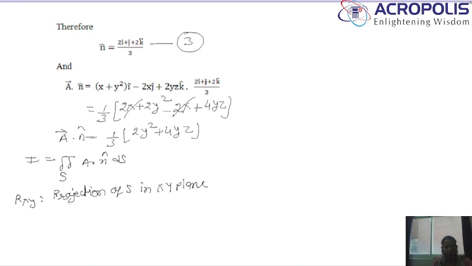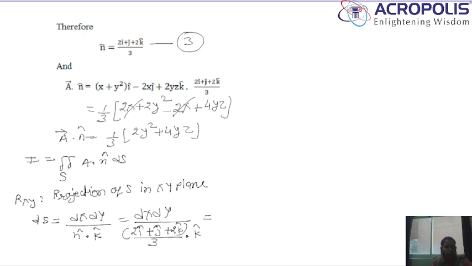Then it is obvious the value of ds is nothing but dx dy upon n cap dot k cap. Now, by equation 3 we have the value of n cap, which is equal to 2i plus j plus 2k divided by 3, dot k.